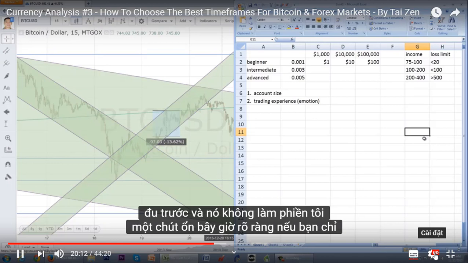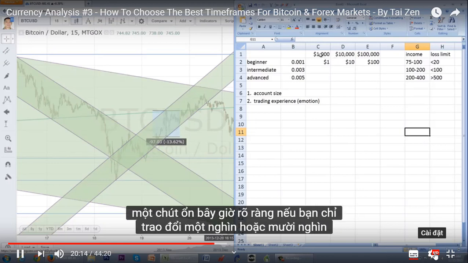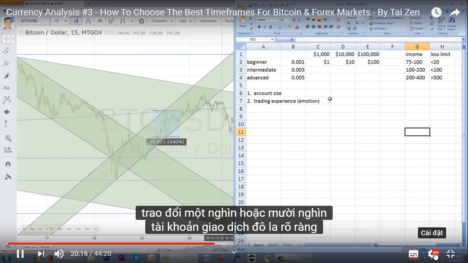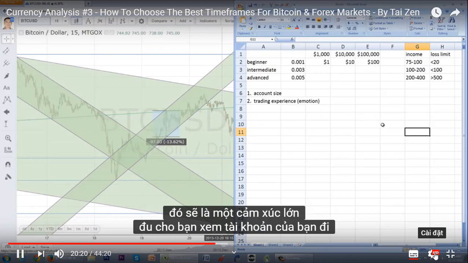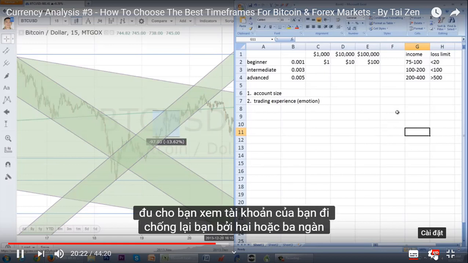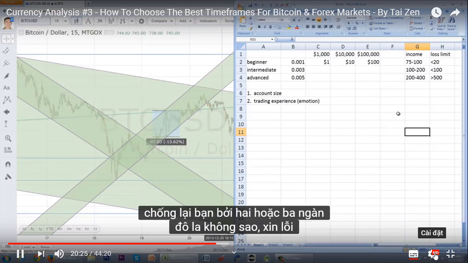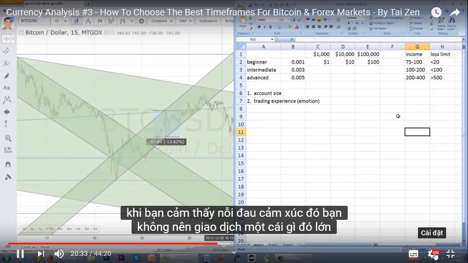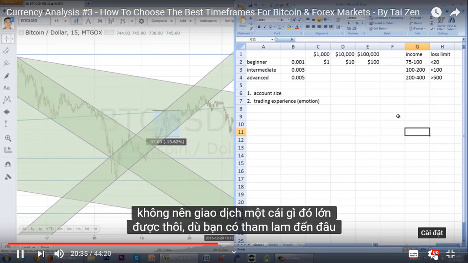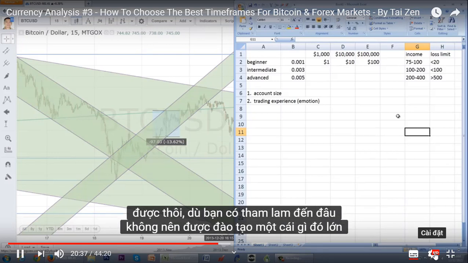Now, obviously, if you only trade a $1,000 or $10,000 trading account, then that's going to be a huge emotional swing for you to see your account go against you by $2,000 or $3,000. So when you feel that emotional pain, you should not be trading something that big. No matter how greedy you are, you should not be trading something that big.